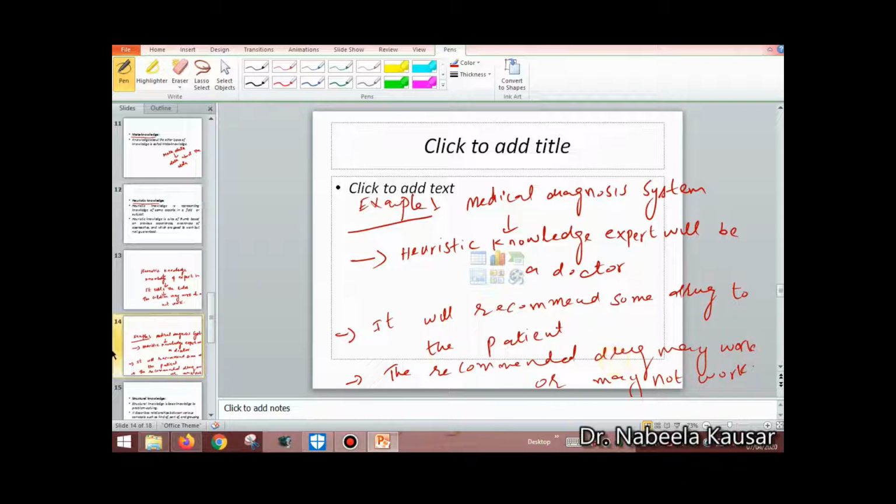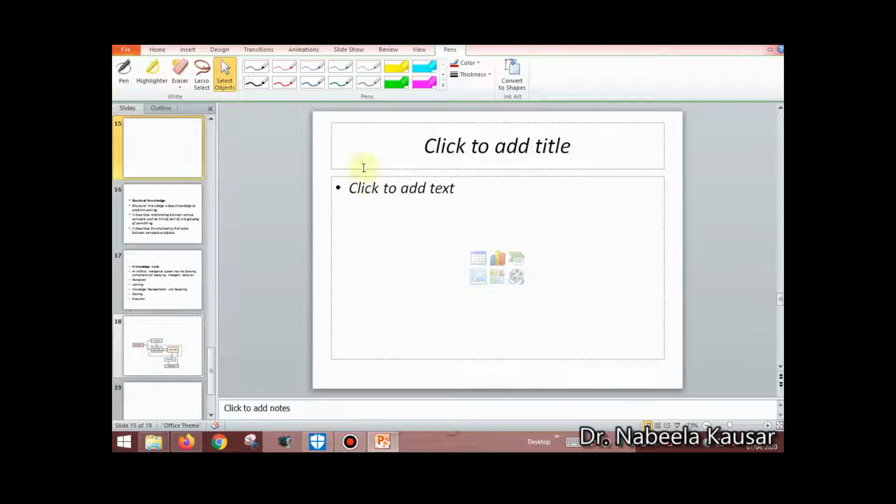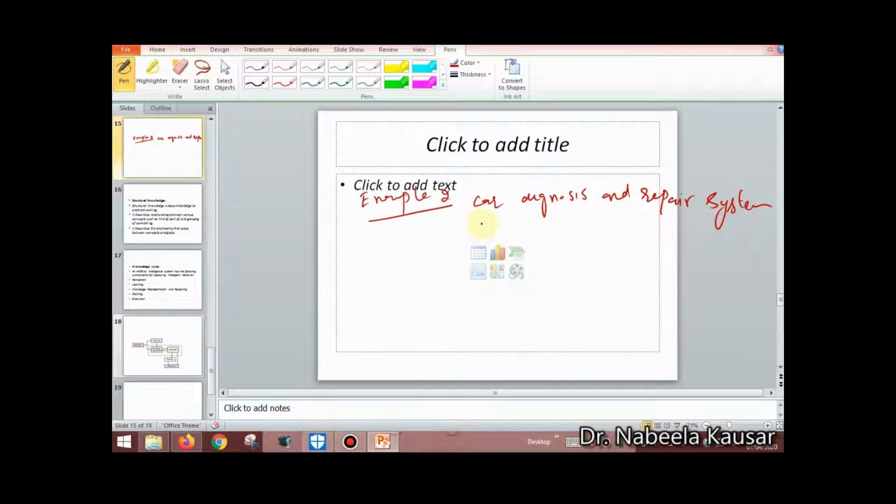For our second example, which we have been discussing, the car diagnosis and repair system, the heuristic knowledge expert will be a mechanic or mechanical engineer dealing with the cars, a car mechanic.